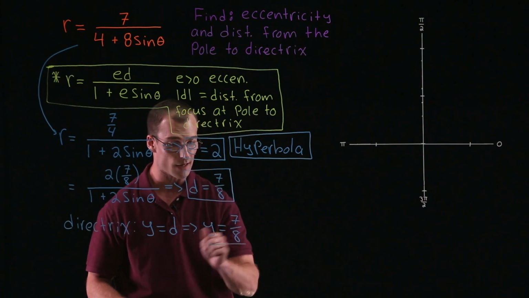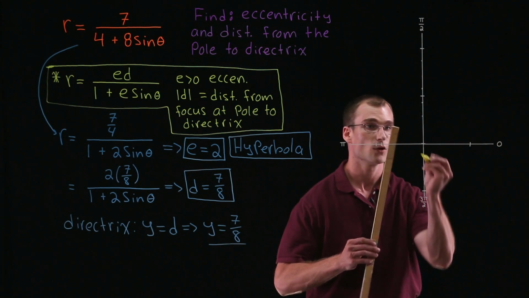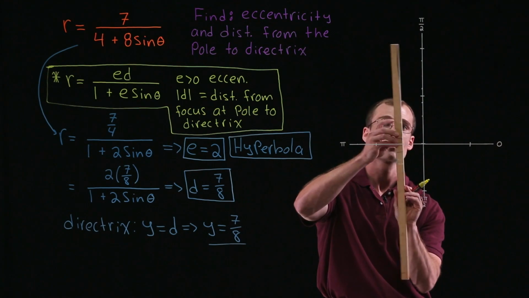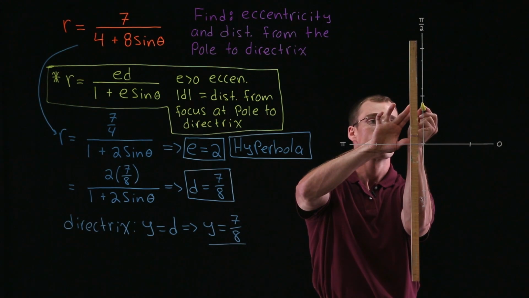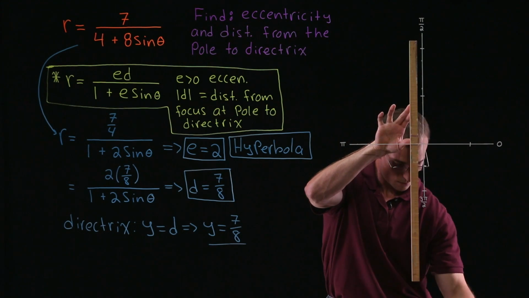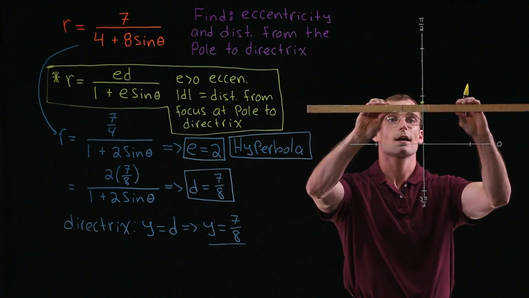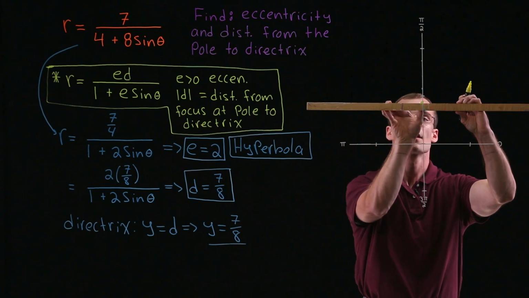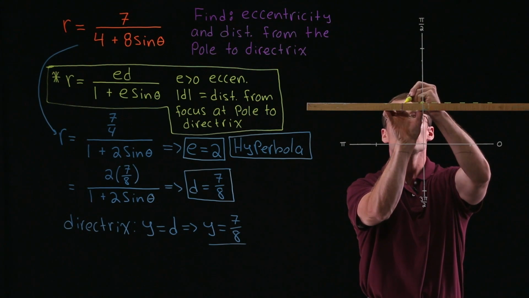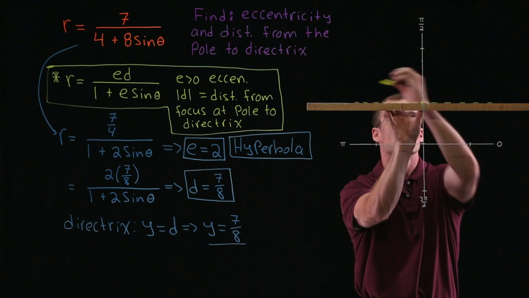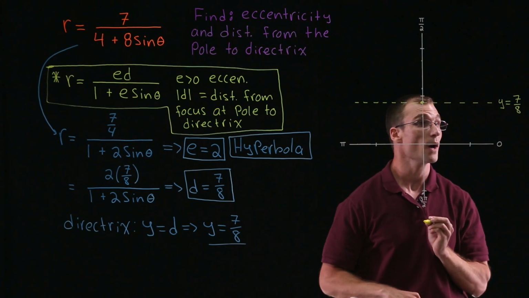We sketch in our directrix at the line y equals 7/8: from our origin, coming up about 7/8, and a horizontal line through that will be our directrix.